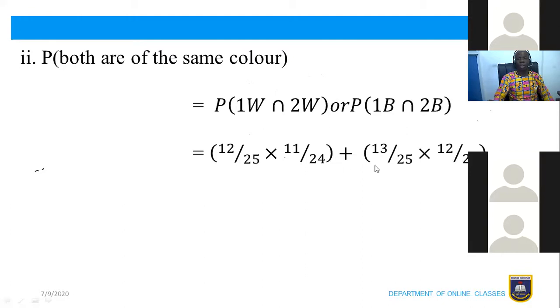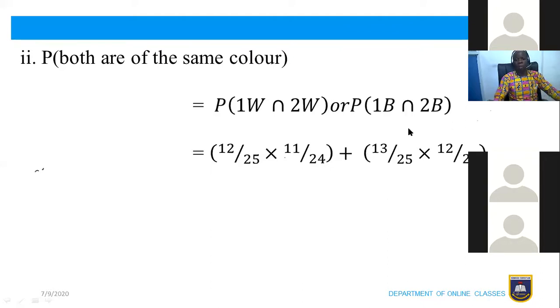If you put in the values, the probability that the first ball is white gives us 12 over 25, times the probability that the second ball is also white, which is 11 over 24, plus the probability that the first ball is blue, which is 13 over 25. 13 because we've not picked any of the blue balls.